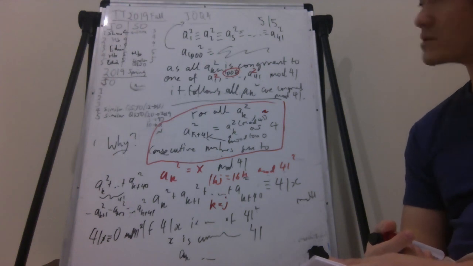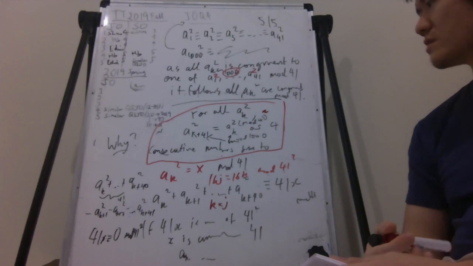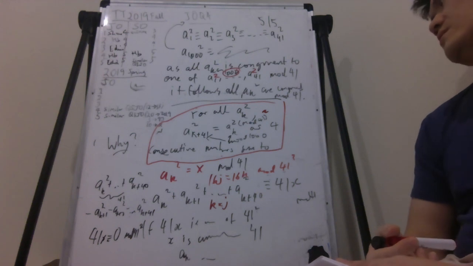Did they give a reason? I think it still works if you're careful. Let's think. Mod 41 squared.